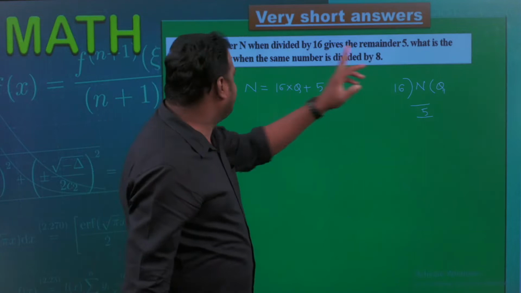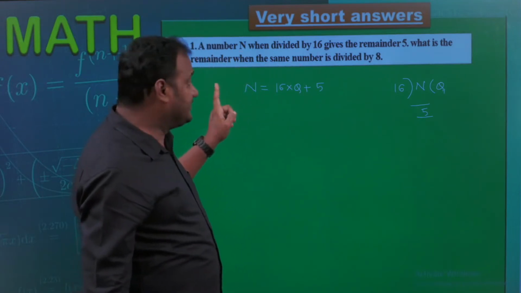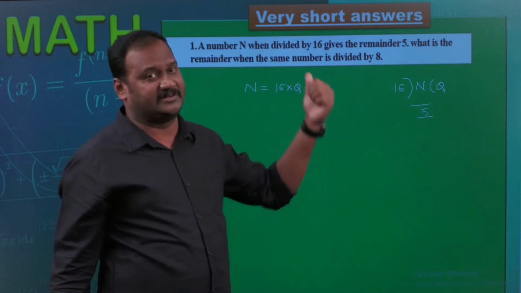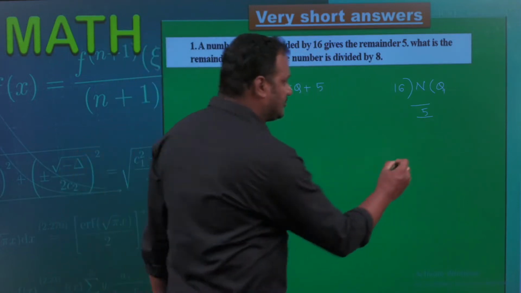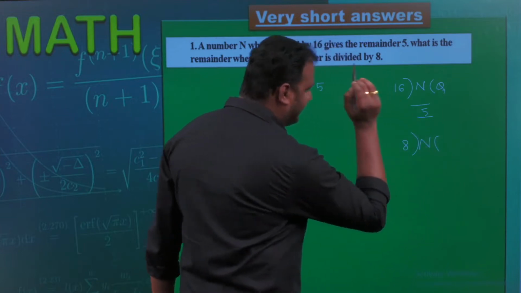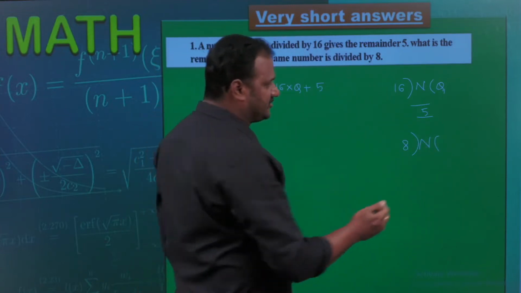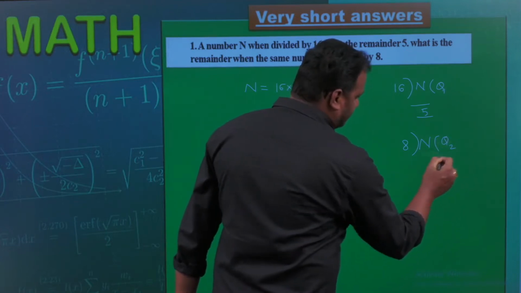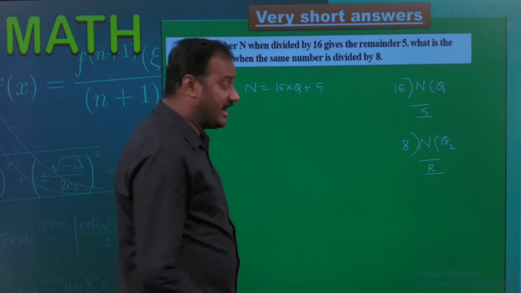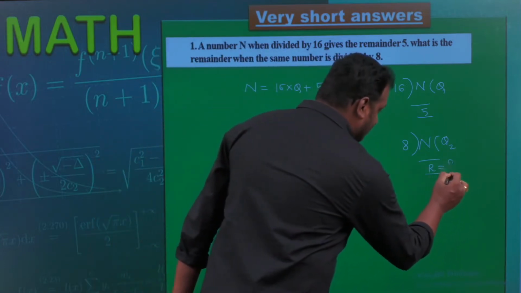Now, what is the remainder when the same number is divided by 8? N is the same number. I do not know the quotient, so let the quotient be q2, and we do not know the remainder either. Let the remainder be R, but R is equal to how much?